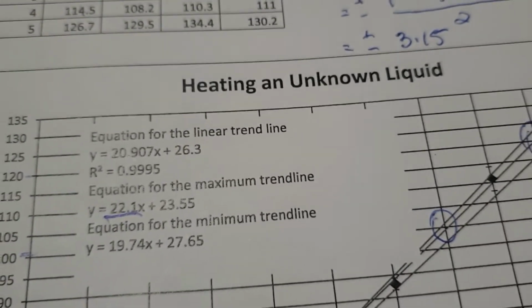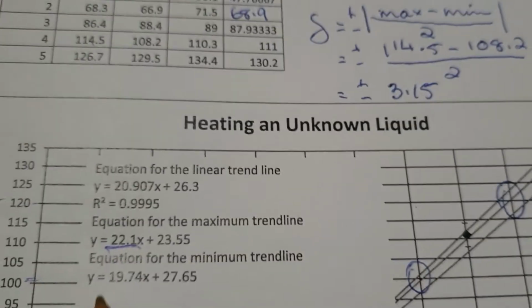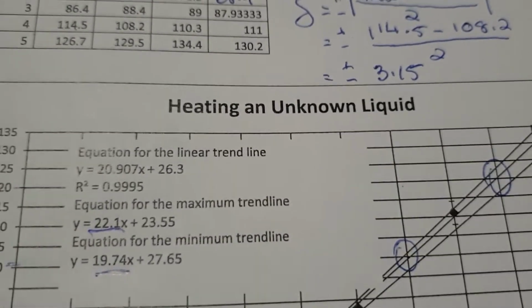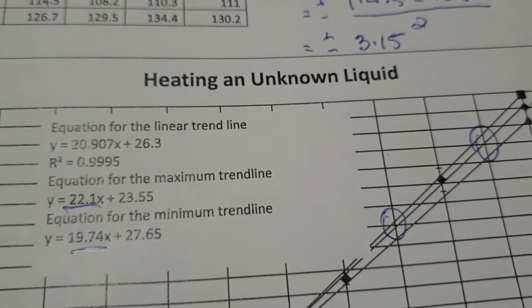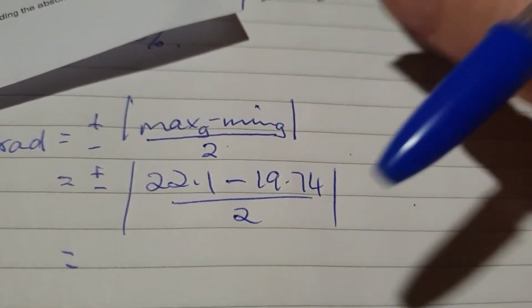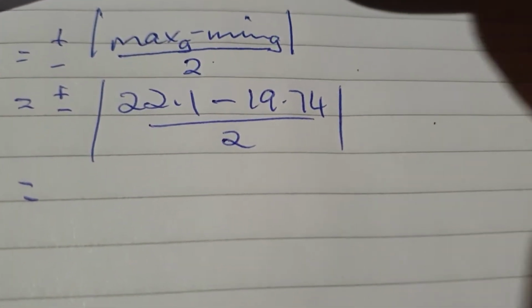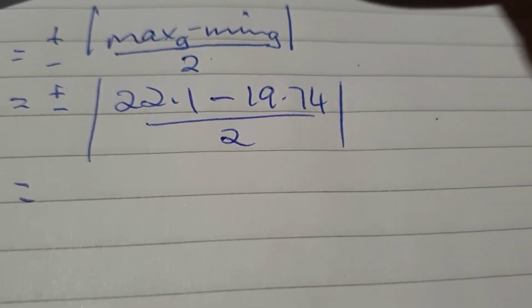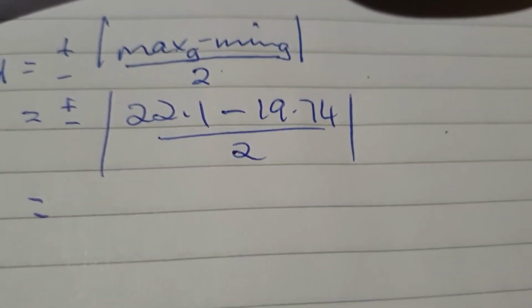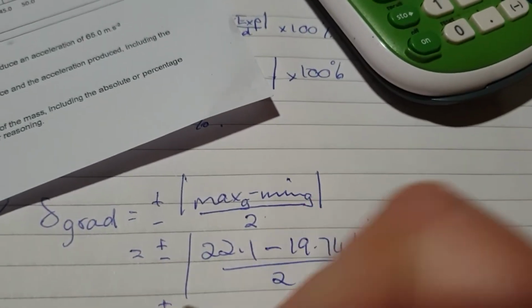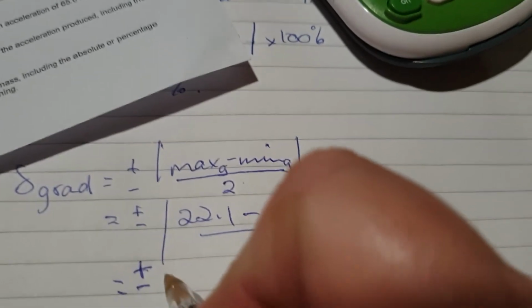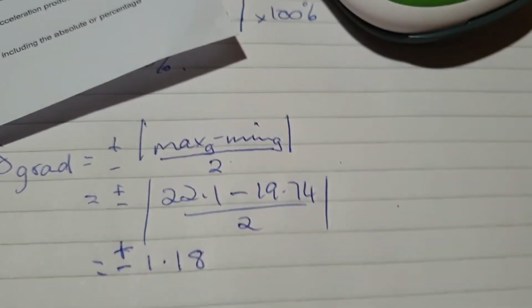The minimum gradient is here, 19.74. Divided by 2. So we've got 22.1 minus 19.74. Don't forget to total it and then divide by 2. 1.18. Plus or minus. Got to have the plus or minus 1.18.